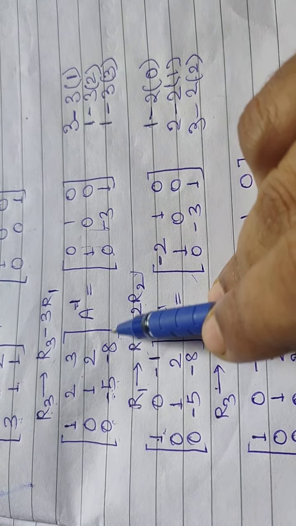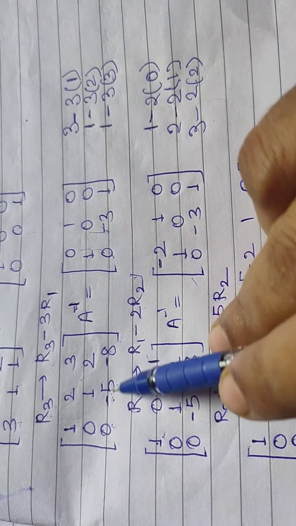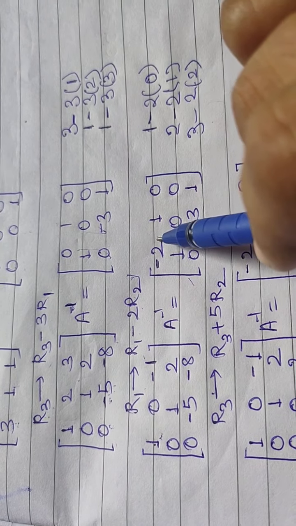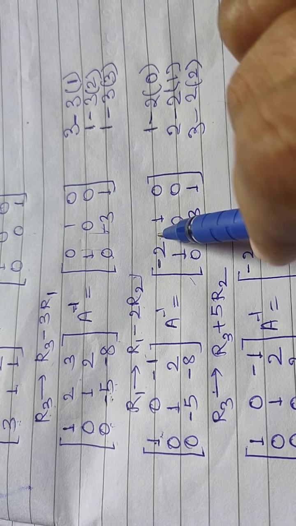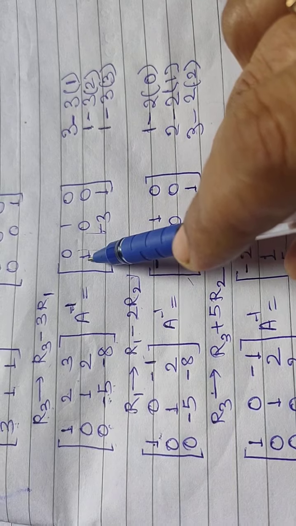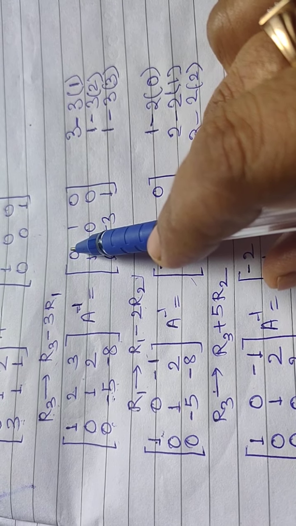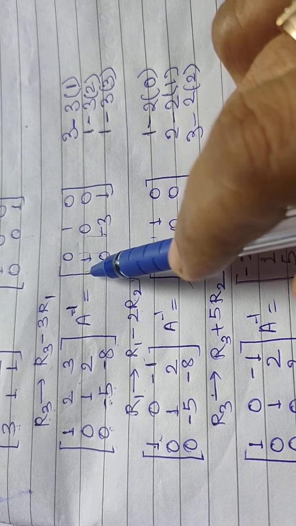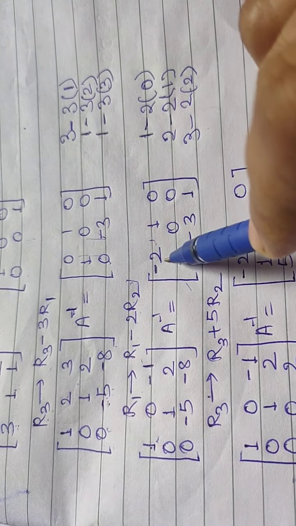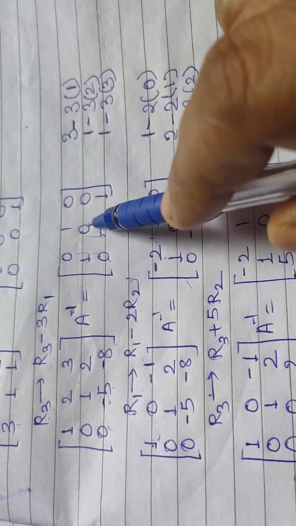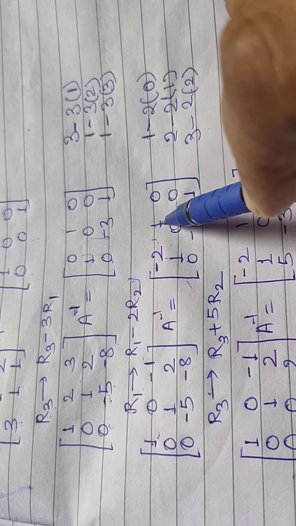Now we have to perform the row transformation on the second row, and on the right hand side also the first row elements will get changed. We are multiplying the second row by 2 and then subtracting these elements from the first row. So it will be 0 minus 2 into 1, minus 2. Then 1 minus 2 into 0, it will remain 1.